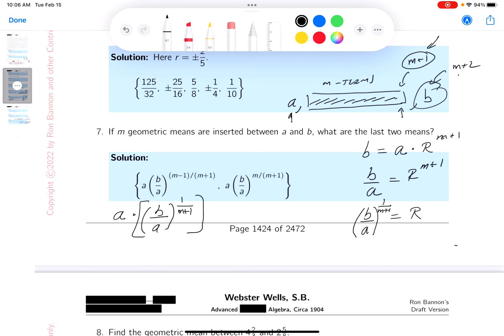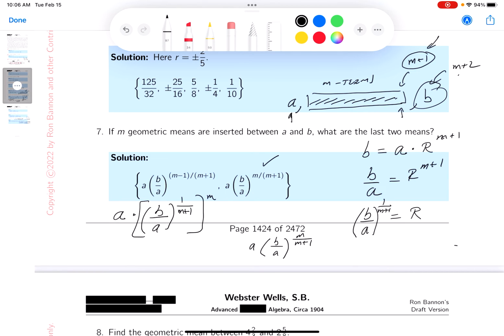This is the M plus 1 term. So what's the power going to be? M plus 1 minus 1, which is just M. So I found the term prior, and I'll write that down for you. That's going to be A times B over A to the M over M plus 1, using rules of exponents. That's right over there.